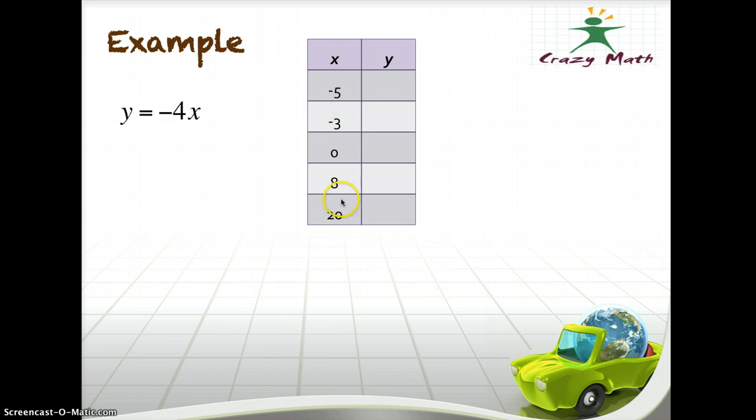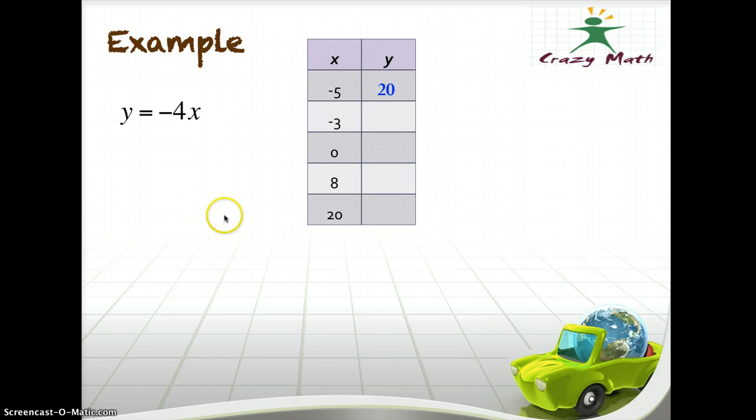Given the values of x in this table, the first one, the value of x is negative 5. So if we replace x by negative 5, it's going to be negative 4 times negative 5, which is 20. What I would like you to do if you're watching this video is to pause the video and answer the rest of the questions.